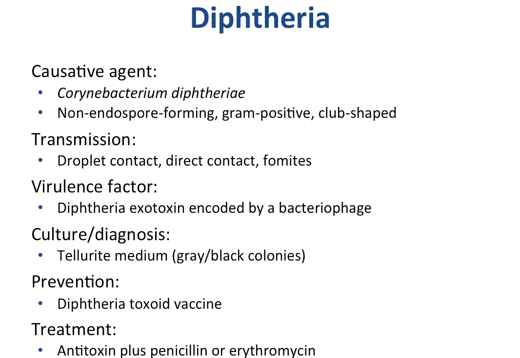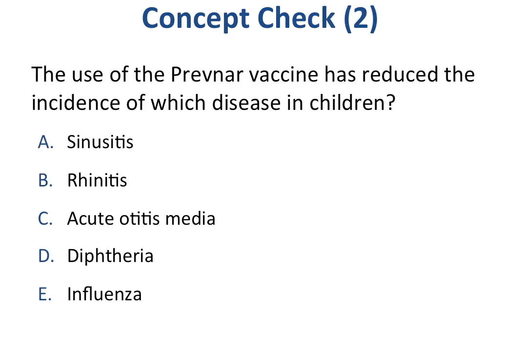So the bacteria has exotoxin, that's encoded by the bacteriophage. Culture is on Tellurite medium. Prevention is the vaccine. Okay. Treatment, we can use antitoxin plus penicillin or erythromycin.